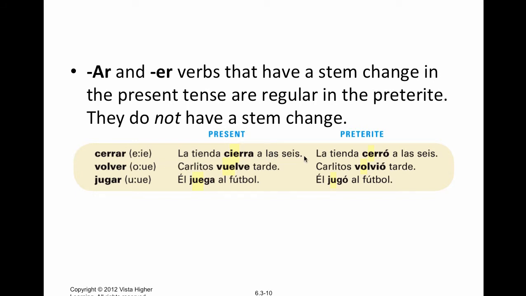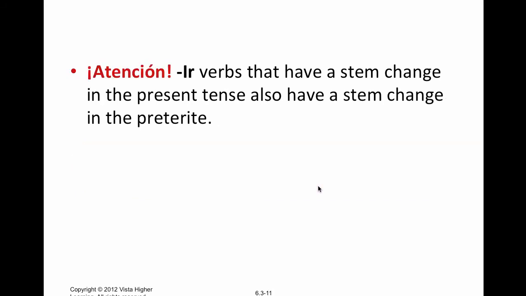But in the past, it simplifies quite a bit. La tienda cerró a las 6. And we see that for the following examples as well. With volver in the past, there's no stem change. Jugar, we have a stem change in the present, no stem change in the past. Much more simple. Okay, but IR verbs that have a stem change in the present tense also have a stem change in the preterite.